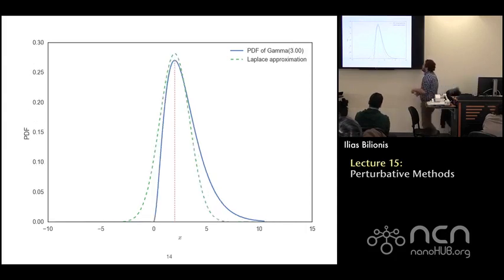This is the Laplace approximation for an even more skewed distribution. I mean, you can do it for any distribution. You can also do it for distributions that have multiple modes, but it's a second order approximation, so you should not expect miracles out of it.